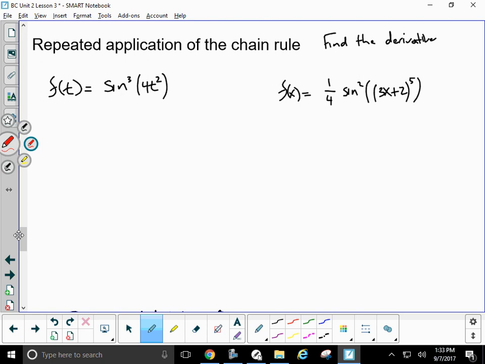Now, they can get harder because we could have a composition of more than 2 functions. We could have a composition of 3 functions or 4 functions or 5 functions. Okay? Now, notice what's going on here. I'm going to go ahead and rewrite this using parentheses. I'm going to write this as sine of 4t squared cubed.